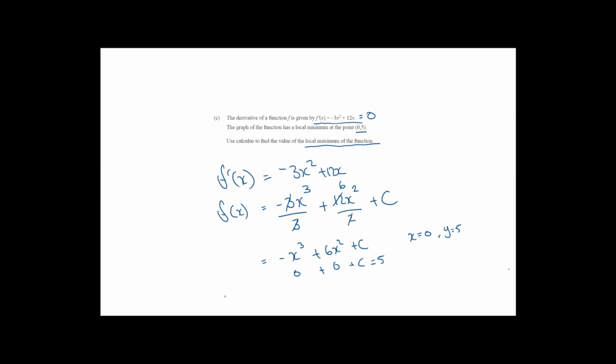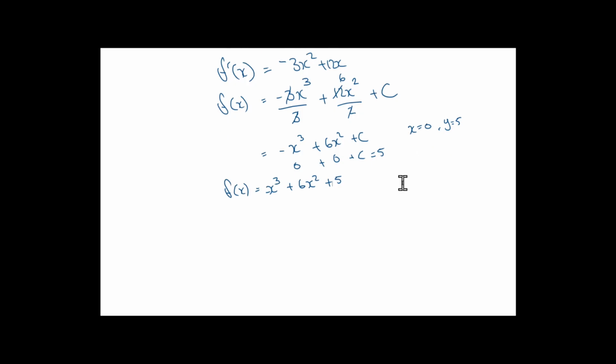So our original function is going to be minus x cubed. Wow, listen to that wind. Plus 6x squared plus 5. Okay. Now we need to find the local maximum, but we already know f dash of x is going to be equal to -3x squared plus 12x.